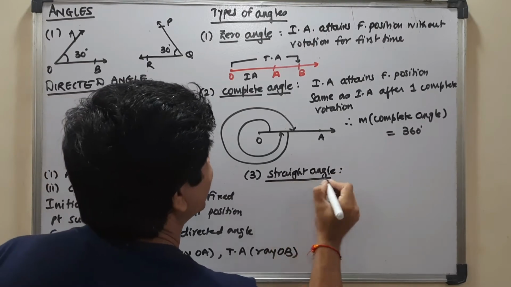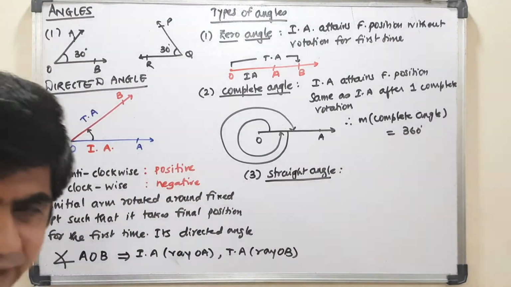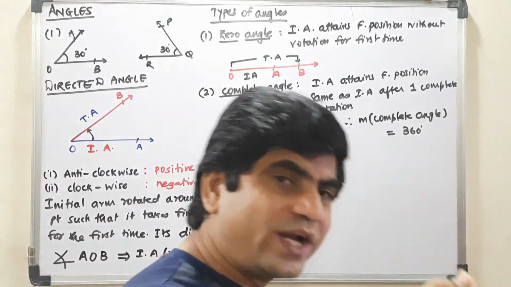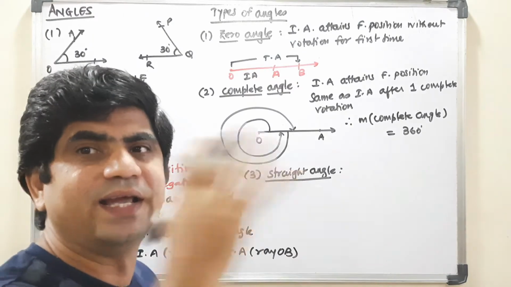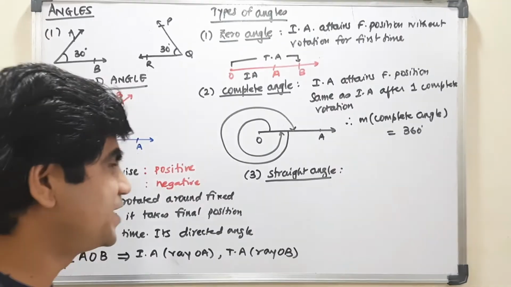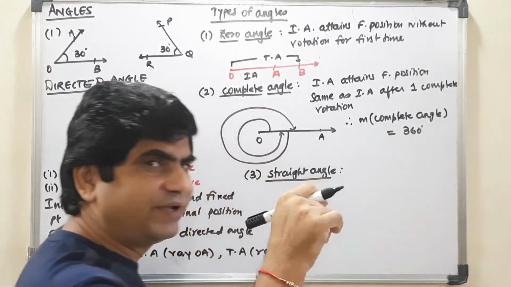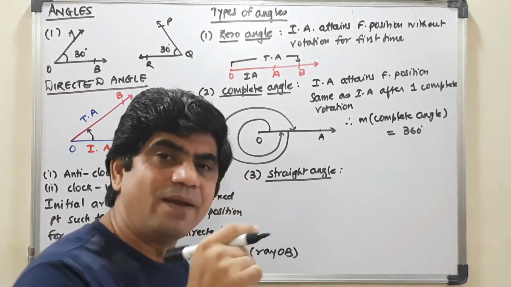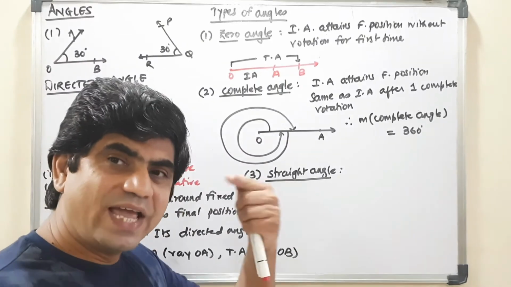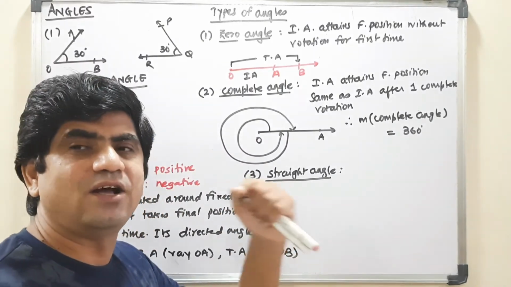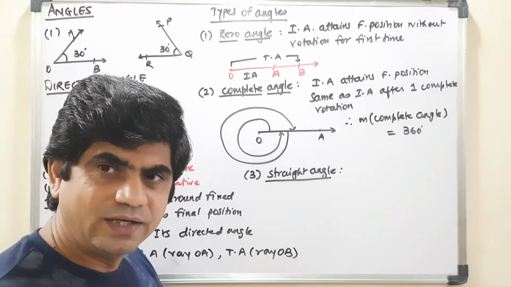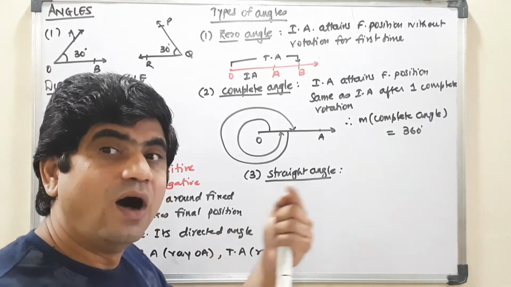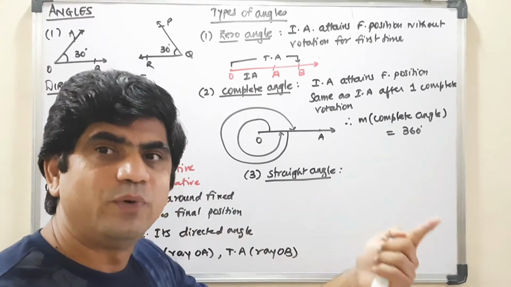So what does a straight angle say? A straight angle says that the initial arm rotates at a fixed point, that is the vertex, and attains the final position which is exactly in the opposite direction of the initial arm. Or you can say that both of them give you a pair of opposite rays.